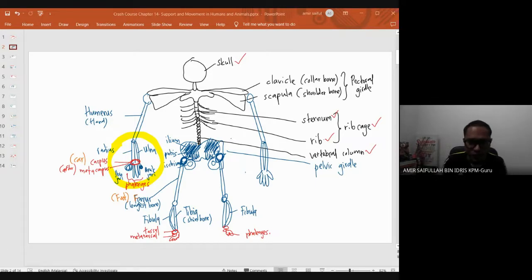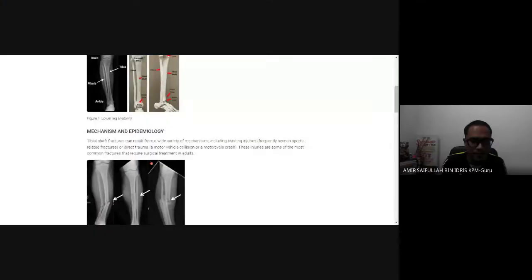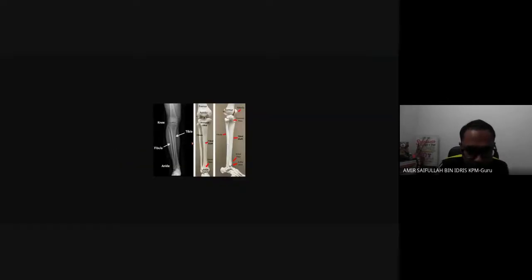So kita nak tengok lebih dekat. What is tibia? So kita tengok sini. Okay. So you can see here this picture. Nampak tak? So this is the tibia. Tibia ni besar.